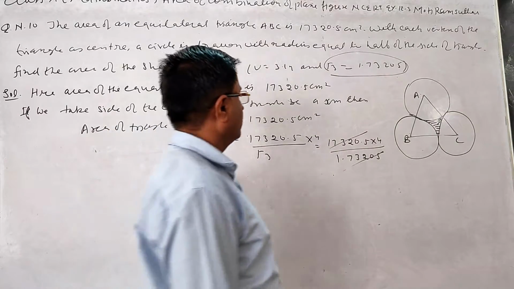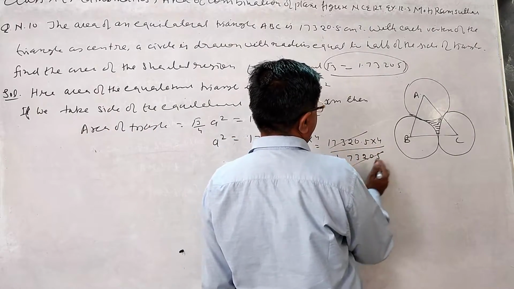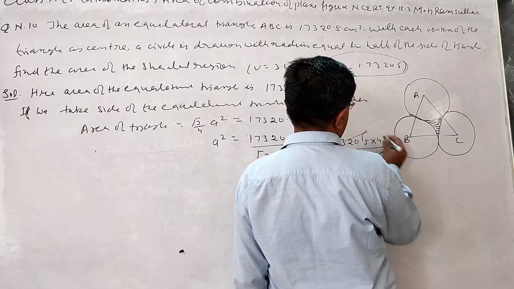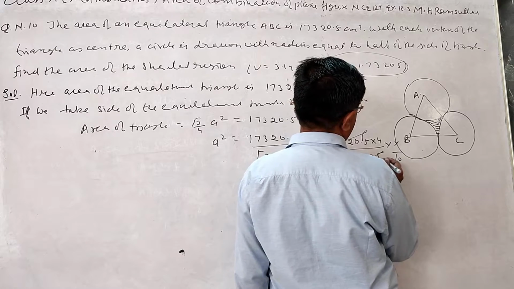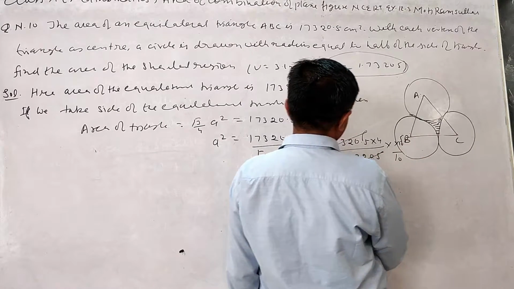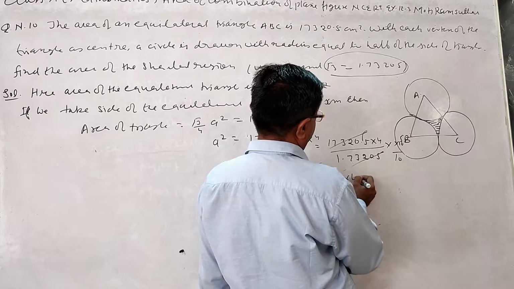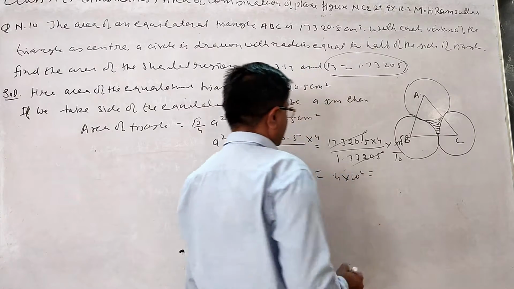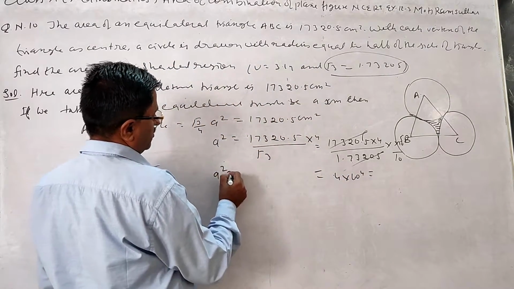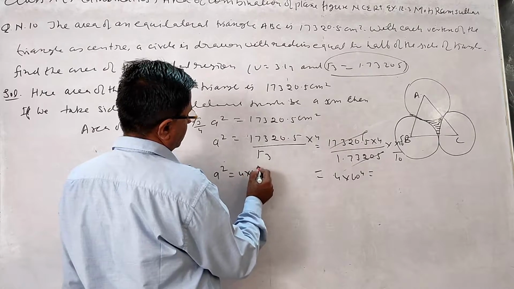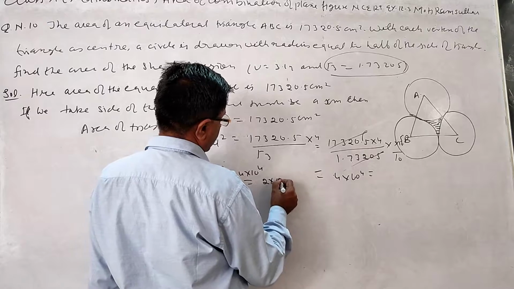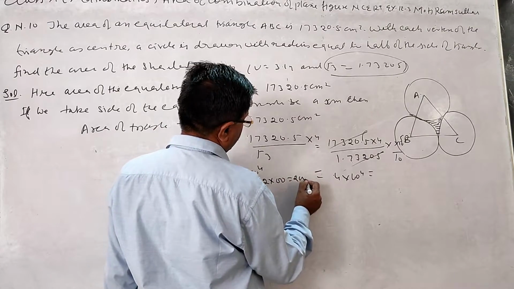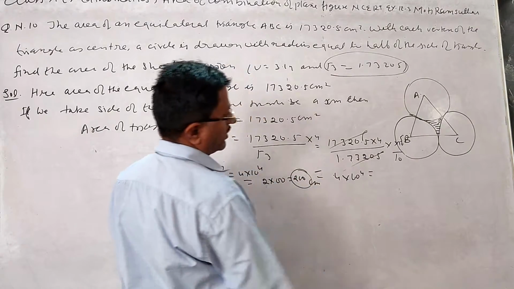After the decimal there are only 1 and there are how many? So I will replace like this 0.1, then in the 10. If we are replacing this 1, 2, 3, 4, 5, then 10 power 5. So what is left? 4 into 10 power 4. So a square equal to 4 into 10 power 4. If you take the square root, that is 2 into 10 power 2. That is 200. So the side we are getting is 200 centimeter.